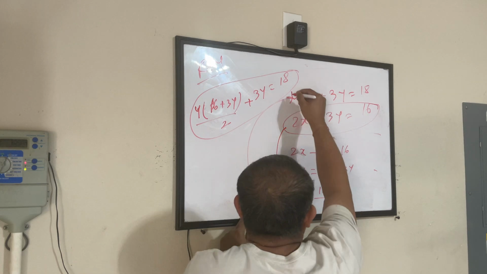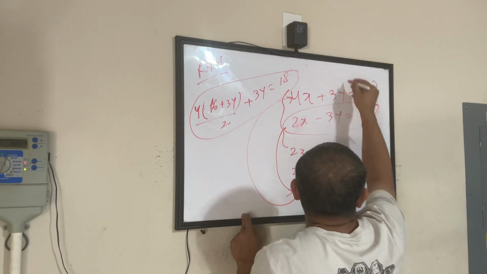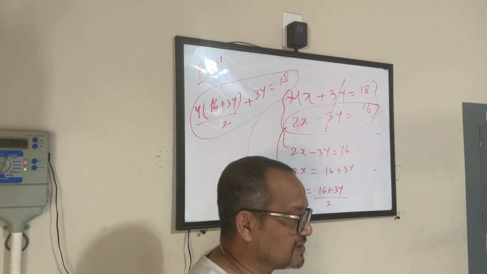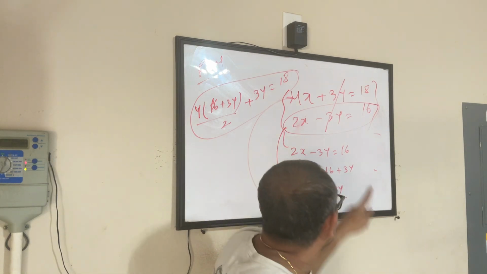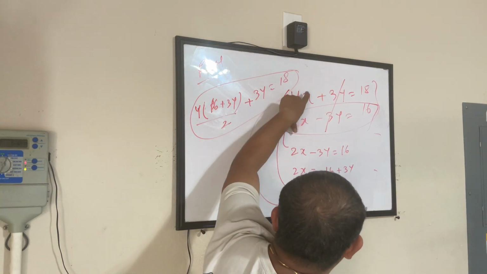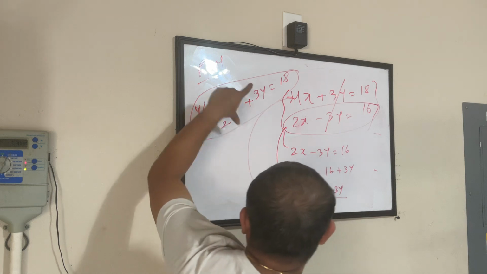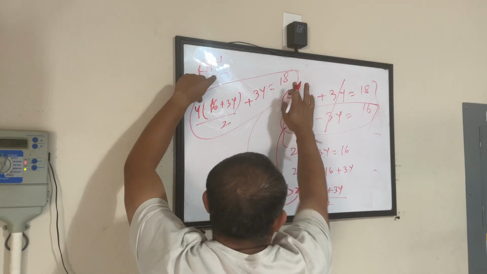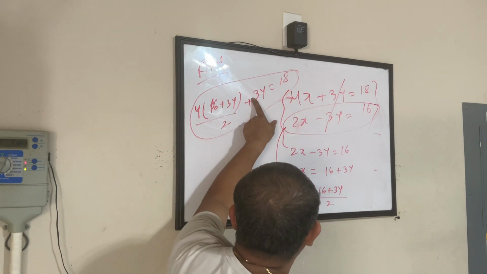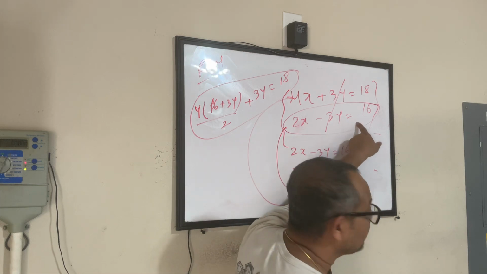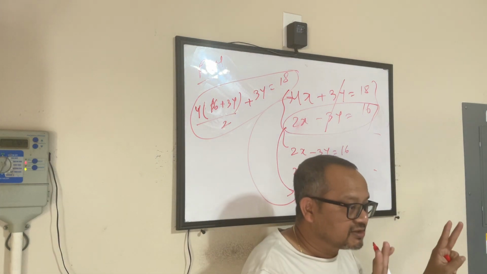And in the other case, when I was adding them, I eliminated the y, so I only had x. In both cases I got an equation with some x equal to something, or some y equal to something. So from here I can find the value of y, from here I can find the value of x. These are two different methods.